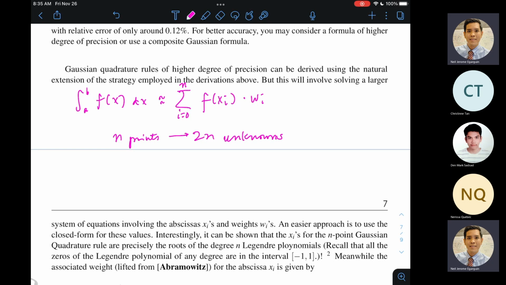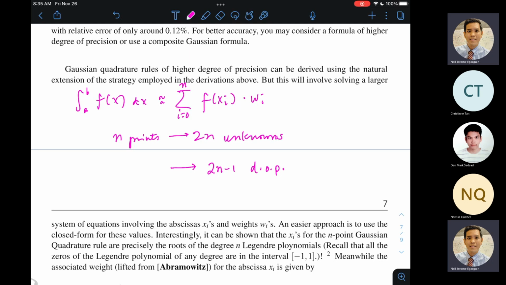So merong n unknown abscissas, tapos may n unknown weights associated with them. So we will have 2n unknowns in our system, and this quadrature formula using endpoints will give us 2n minus 1 degree of precision.